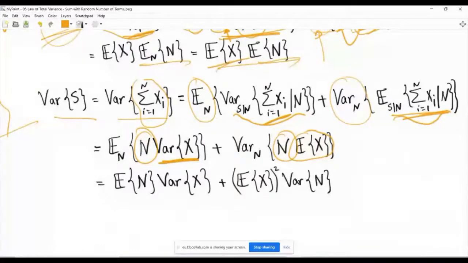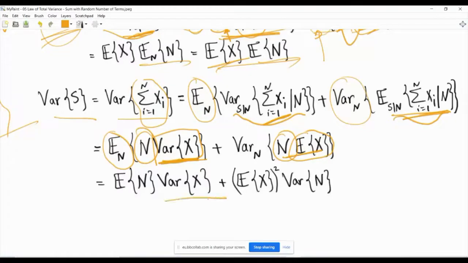In computing those inner expectations and variances, we are dealing with N as fixed, but we are not done yet. Now you need to take the expectation with respect to N. What is the variance of X? A number, maybe 1.